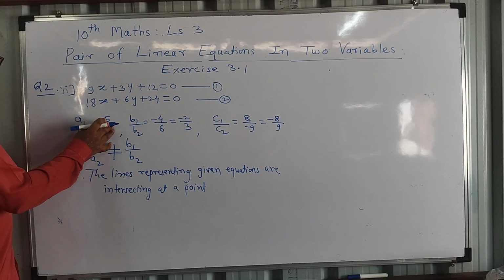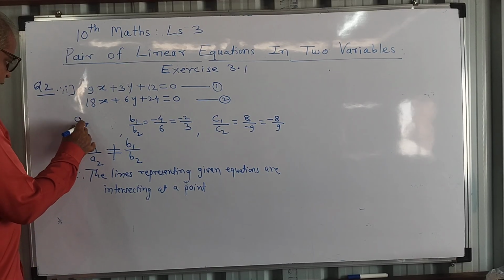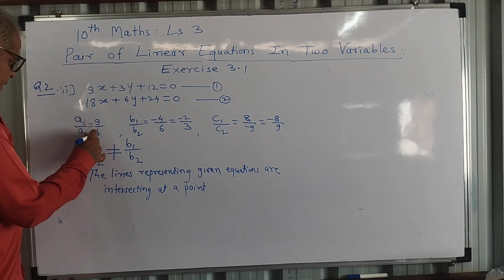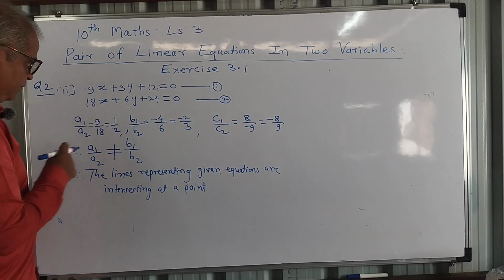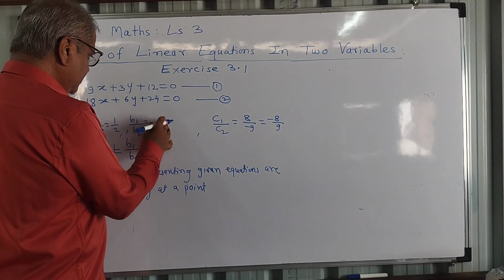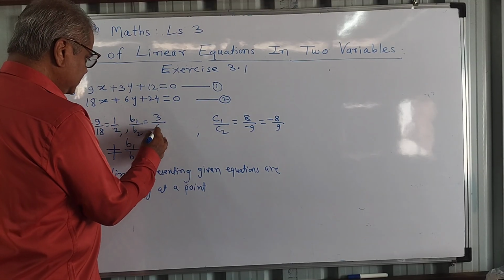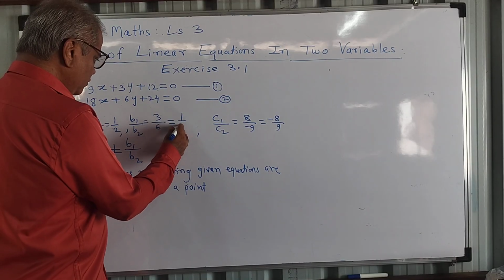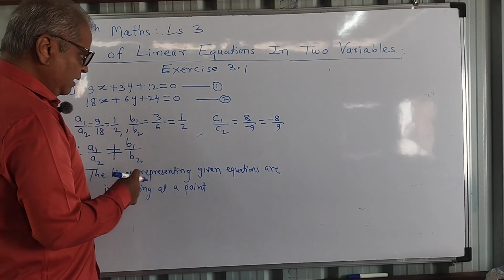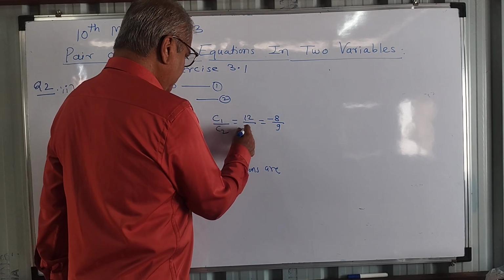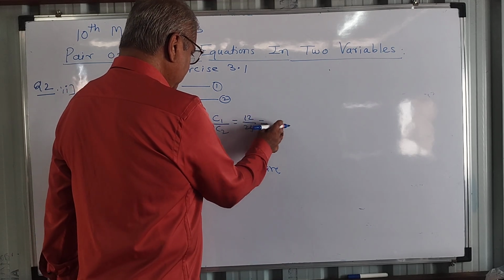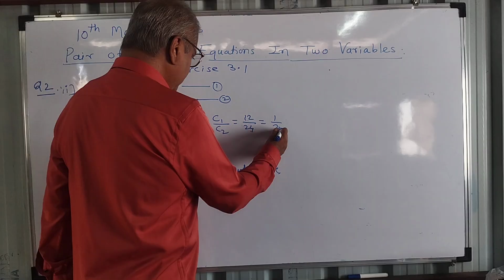So we will take the ratio A1 upon A2 is equals to 9 upon 18. We can reduce it, 1 upon 2. B1 upon B2 is plus 3 upon 6, which will be again 1 upon 2 after reduction, and C1 upon C2 is 12 upon 24, again after reduction 1 upon 2.